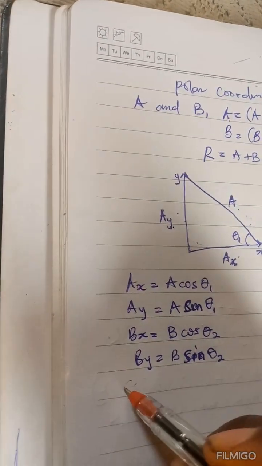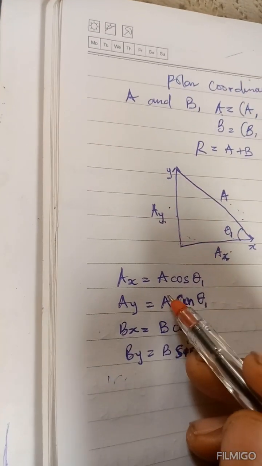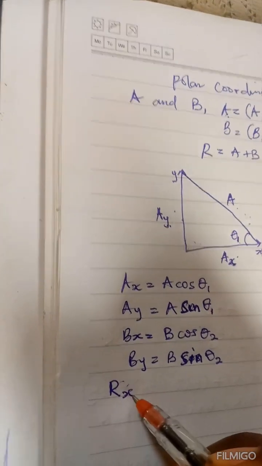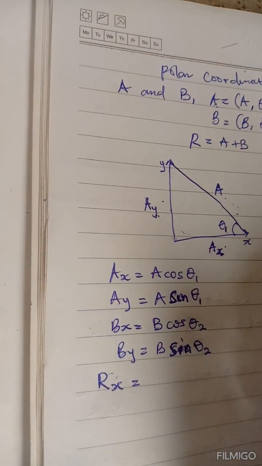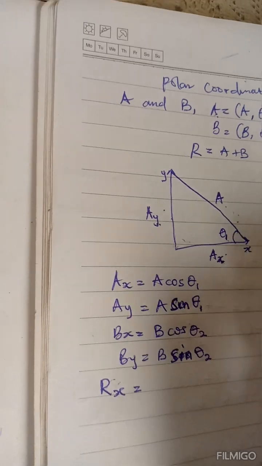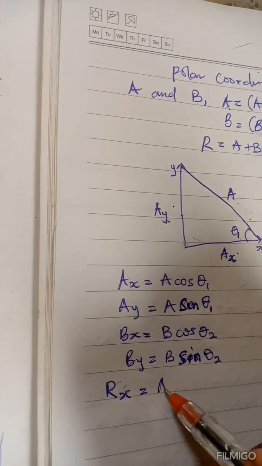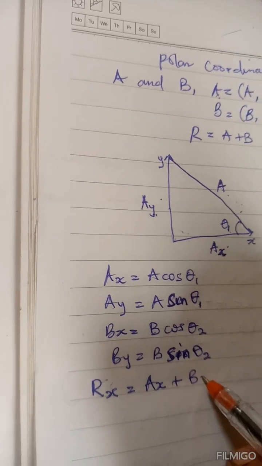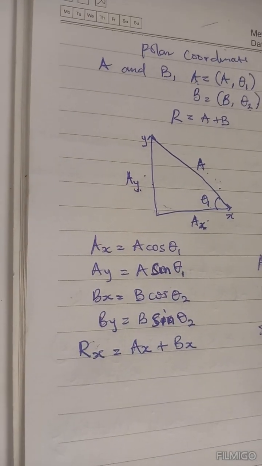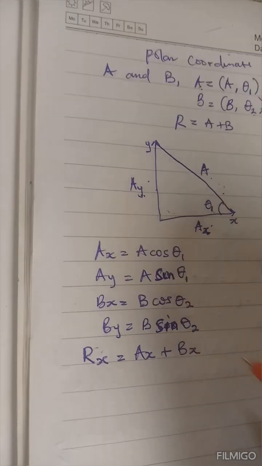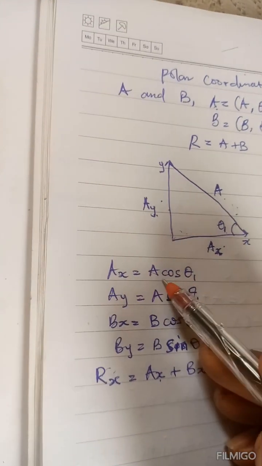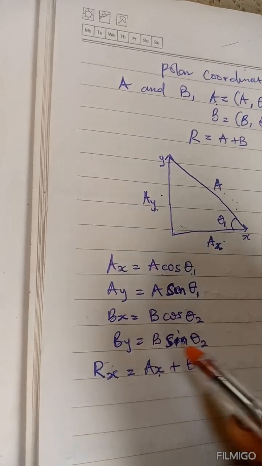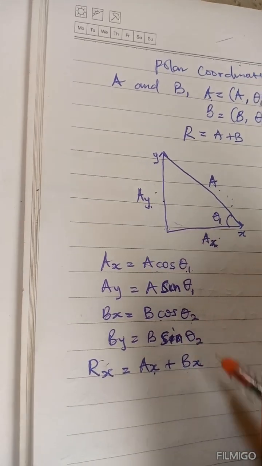To find the resultant of the x component, I'll say rx, which will be equal to ax plus bx. Remember that ax is equal to a cos theta 1, and bx is equal to b cos theta 2.